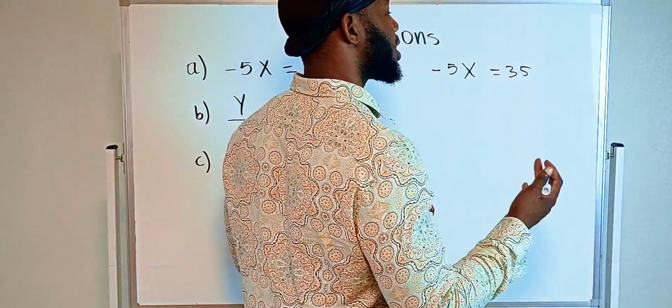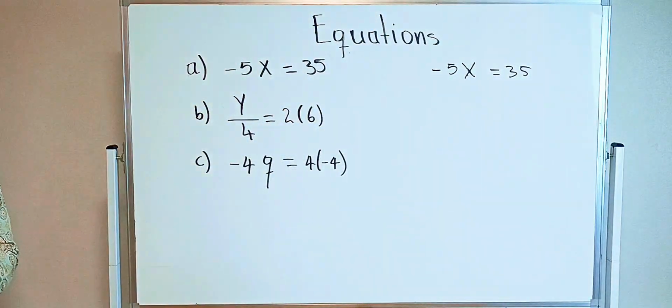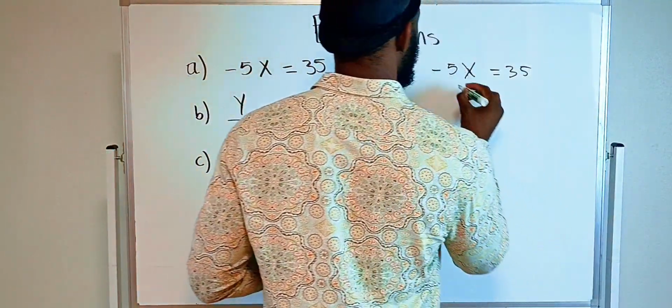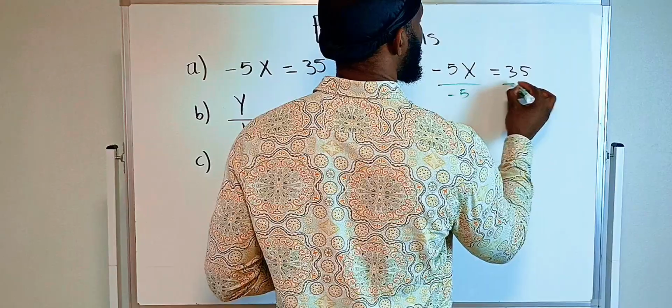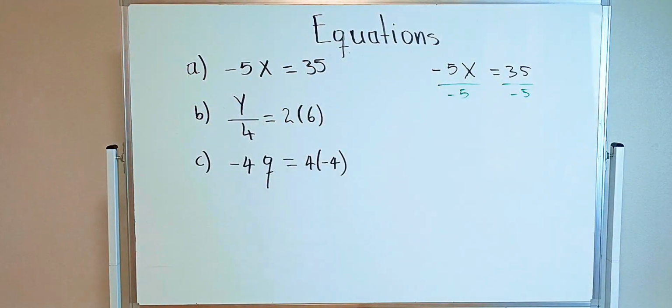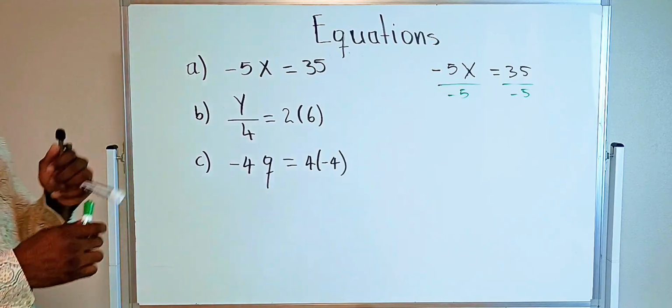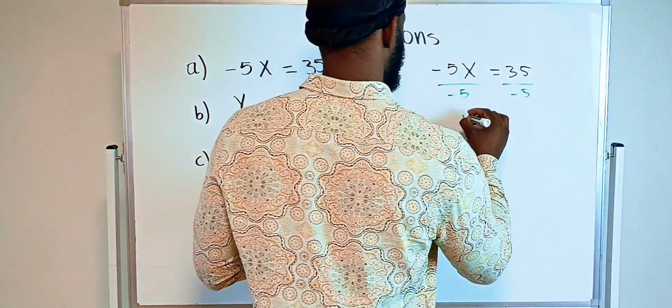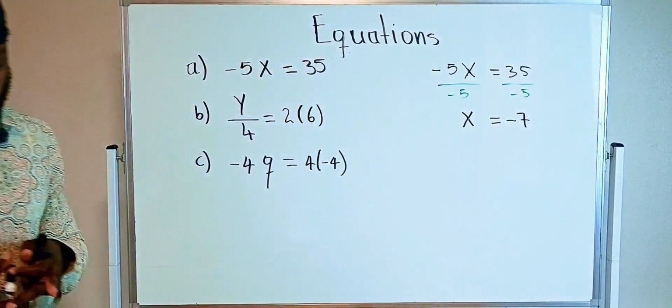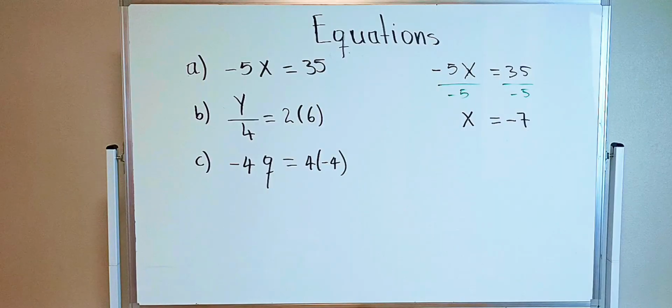What we can do to keep the same equation is divide both sides by -5, in order to have x isolated on one side, so we can solve the equation.